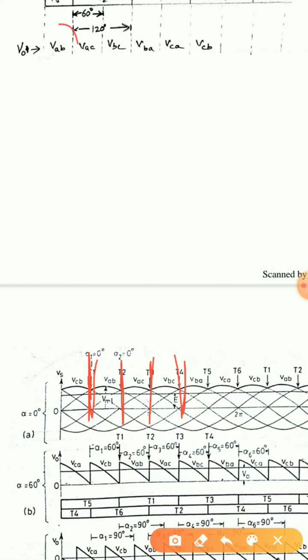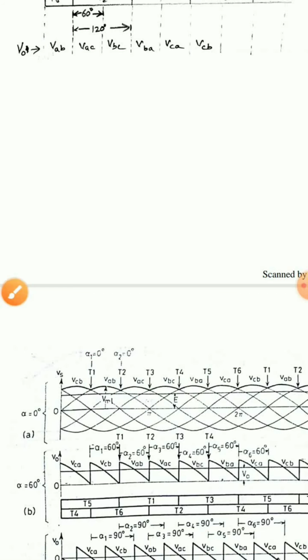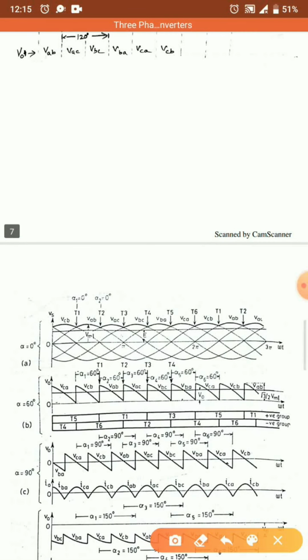When T1 is turned on, I have to consider VAB. This is the waveform of VAB. Then when T2 is turned on, I'll get VAC, then VBC, then VBA, then VCA, then VCB. So when alpha is equal to 0 degree, this is the output voltage waveform that I'll be getting. This can be clearly understood from the first diagram.